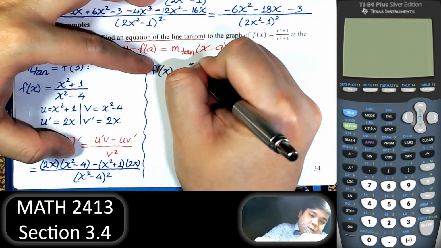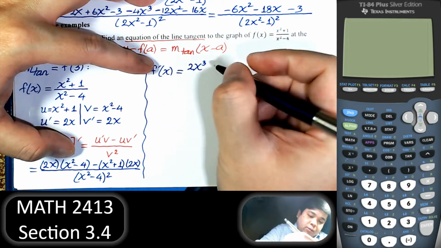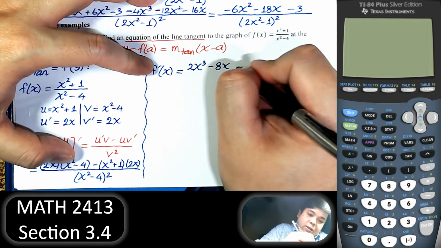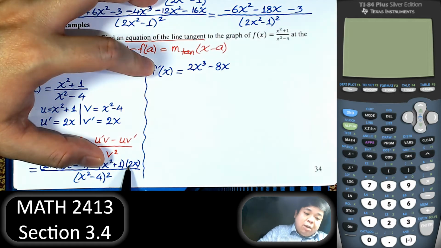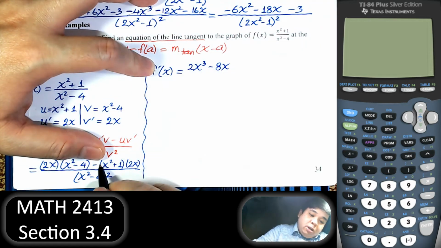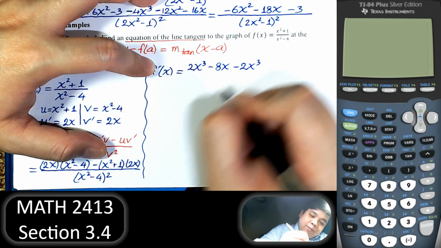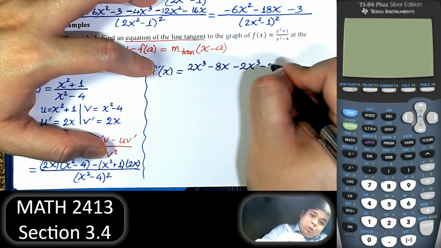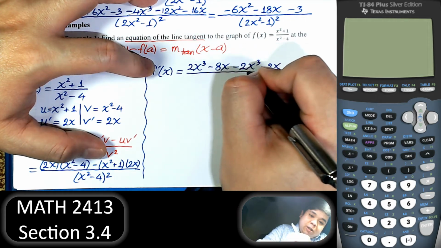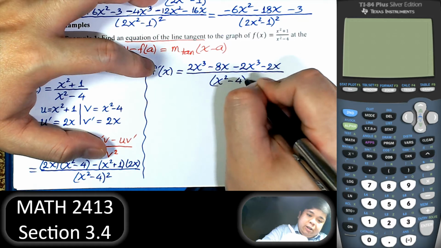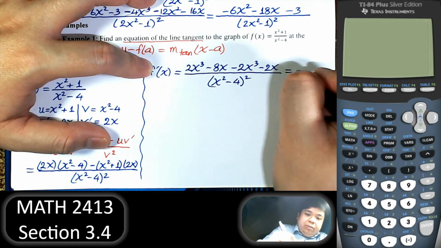2x cubed minus 2x cubed. X squared times 2x is 2x cubed, but I have to negate that. And minus 2x, all over x squared minus 4, squared. Right, simplify.